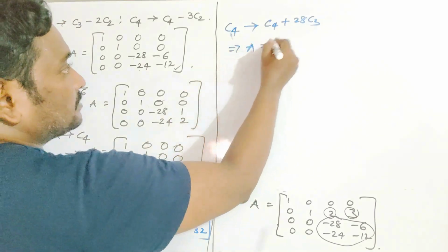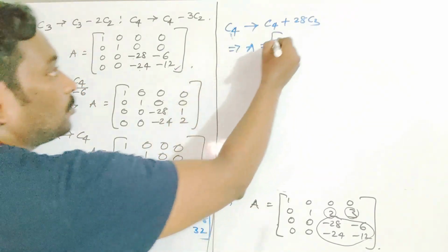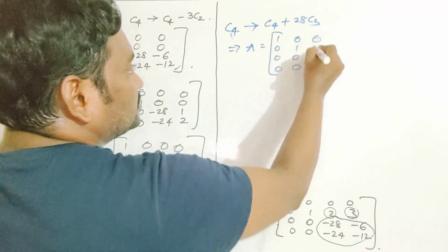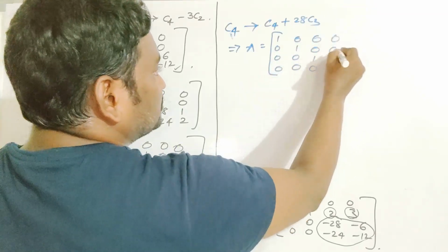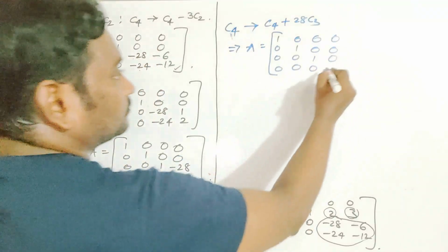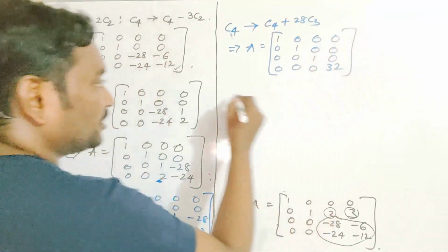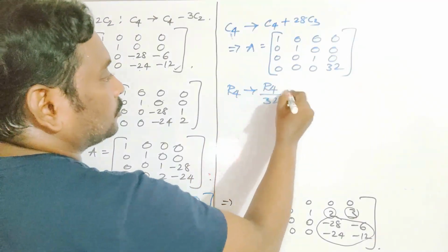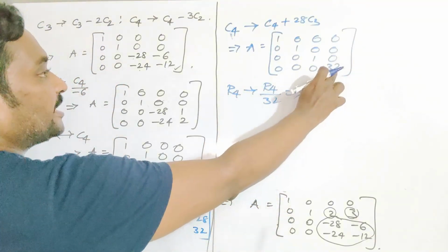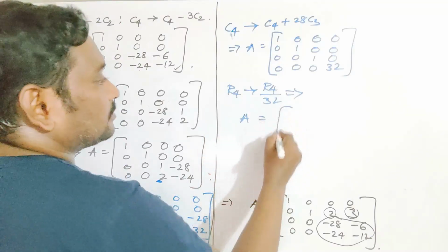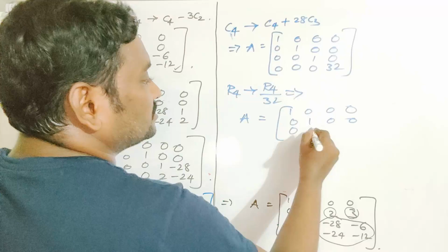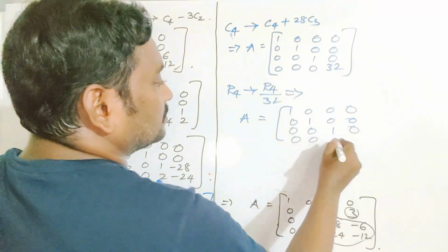So A is equal to 1 0 0 0, 0 1 0 0, 0 0 1 0, 0 0 0 32. Okay, you can divide R4 by 32. So we observe that here also we get 1. A is equal to 1 0 0 0, 0 1 0 0, 0 0 1 0, 0 0 0 1.